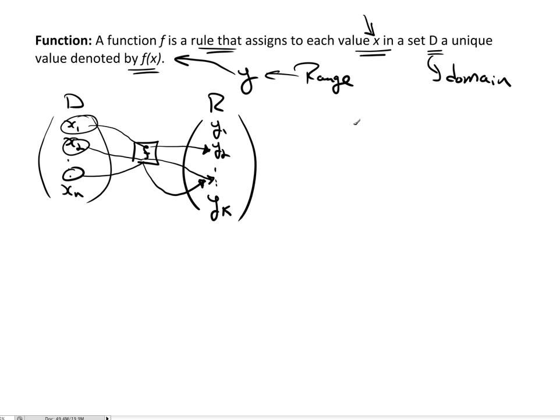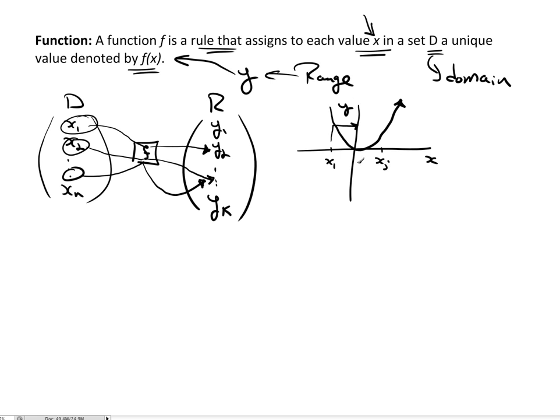Let me draw a couple of pictures here in terms of graphs. Now suppose we have xy axes, and I have something like f of x equals x squared. So it's just a quadratic. Well, if this is x1, x1 goes to this value of y. And over here, there's another x, I'll say x sub j.